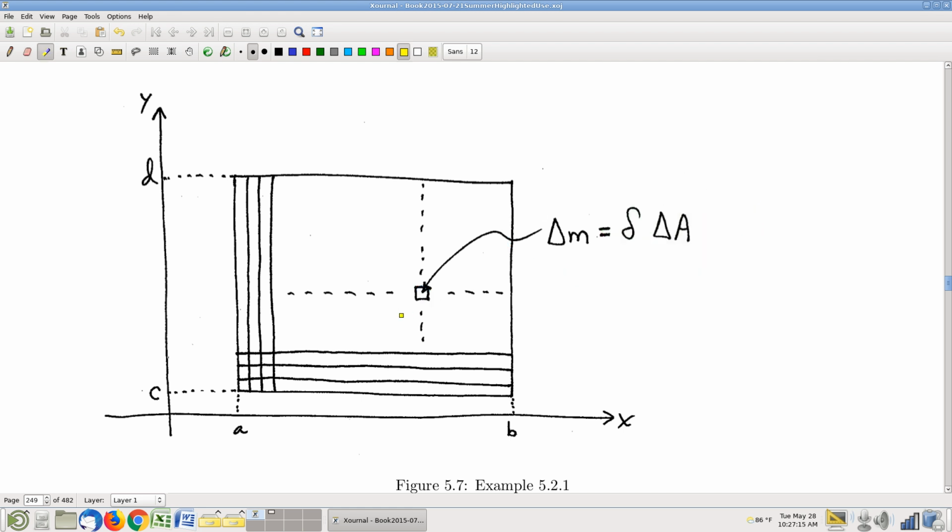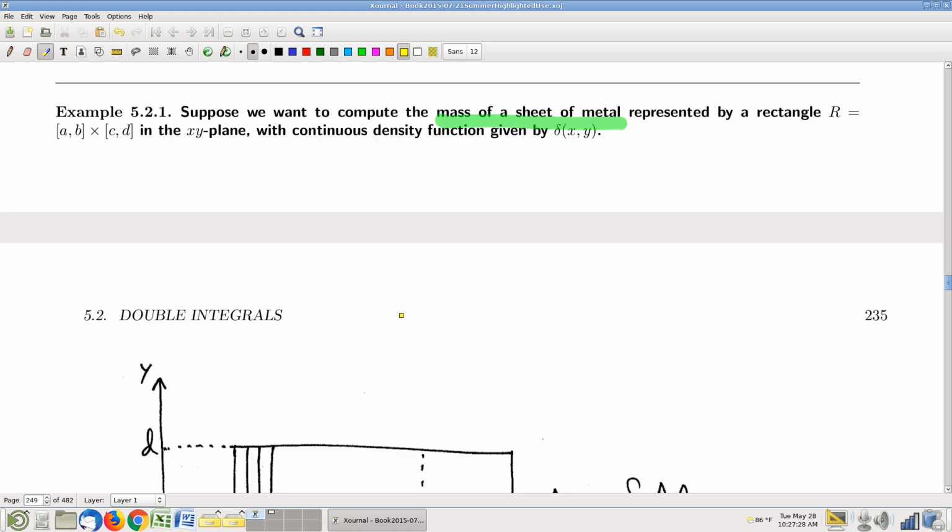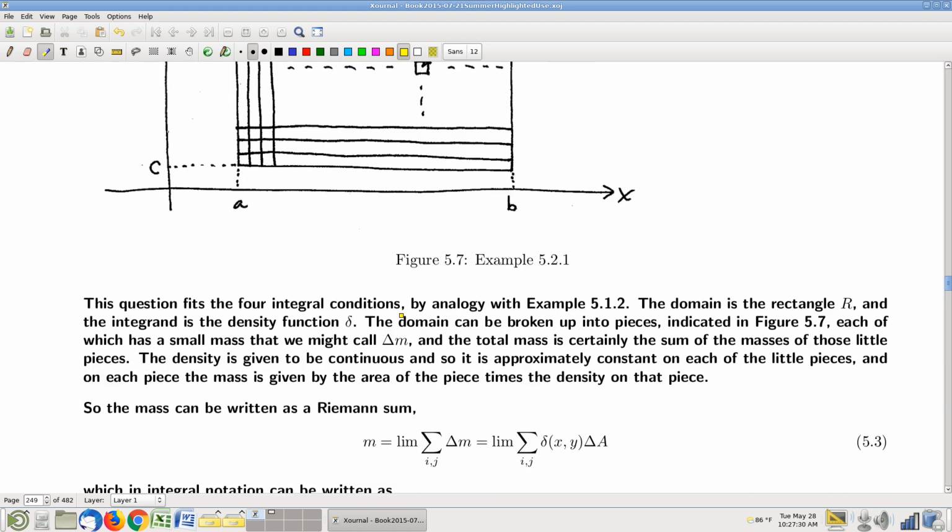So this question, mass distributed over an area, has all the earmarks of a question that can be dealt with by one of our new double integrals. And so we can write down the answer accordingly. Mass is an accumulating quantity. If I chop it up into little pieces, the original mass is the sum of the individual pieces of mass.